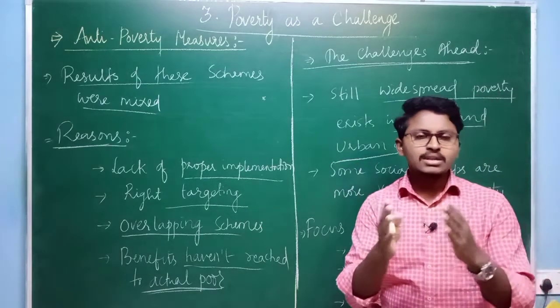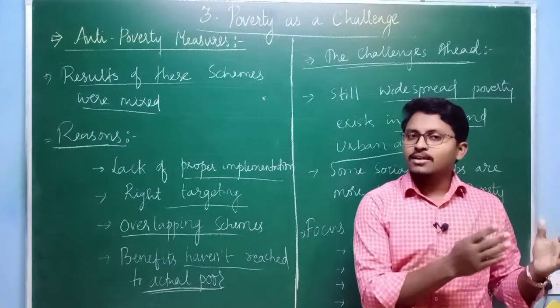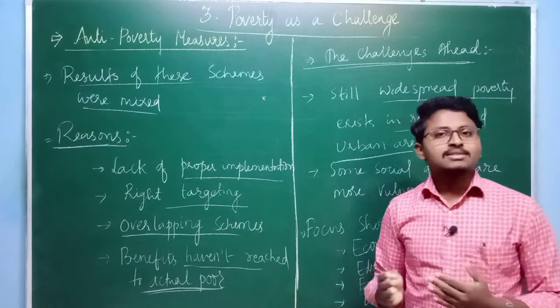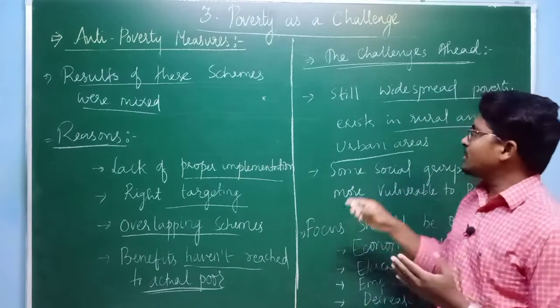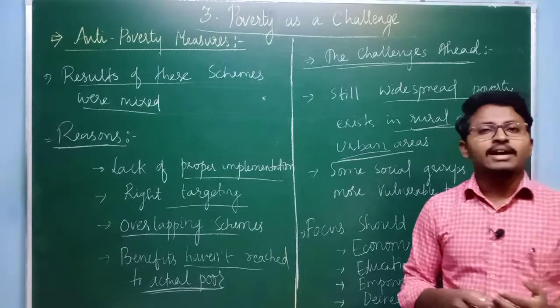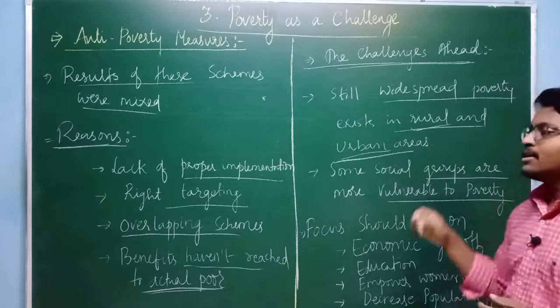If you take it state-wise, some of the states are performing very well in reducing poverty, but in some states the rate of poverty is still very high, both in rural and urban areas. And at the same time, some social groups are more vulnerable to poverty.